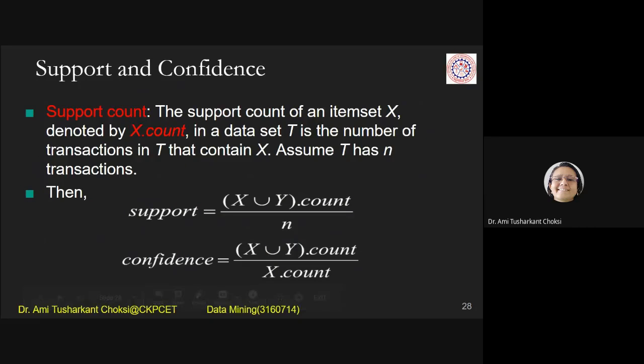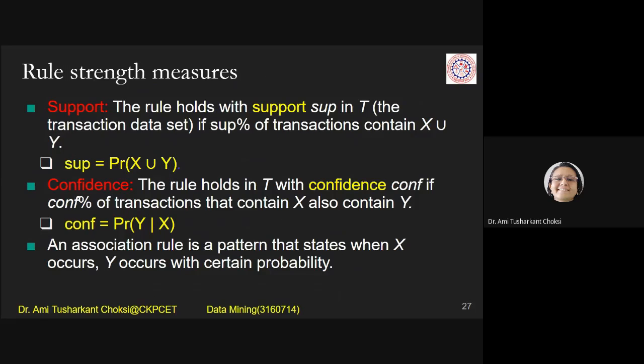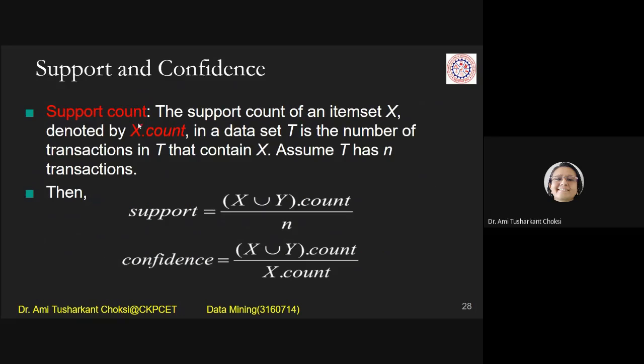So now, what are the formulas for this? Here we need the probability of X union Y, and here we need the probability of Y based on X. So for that, we need the formula. The support count of an item X is denoted by X dot count.